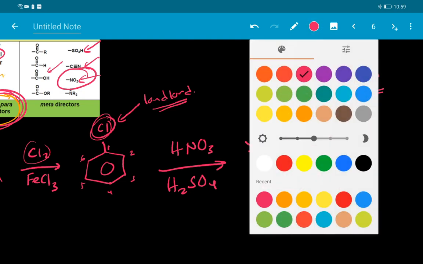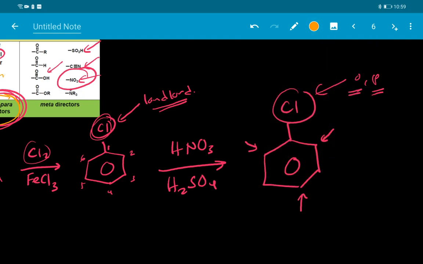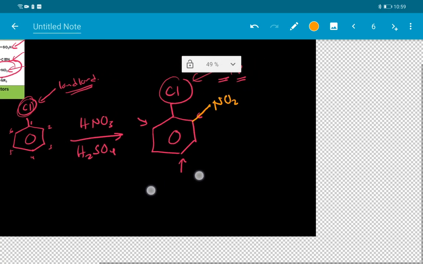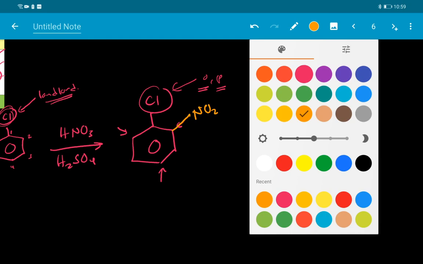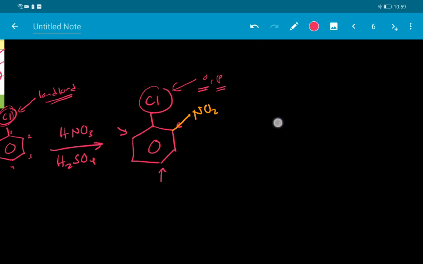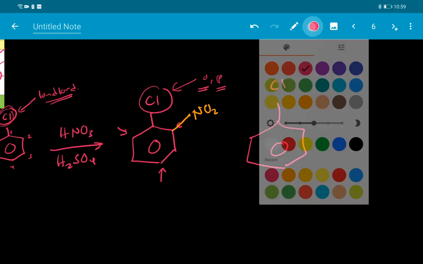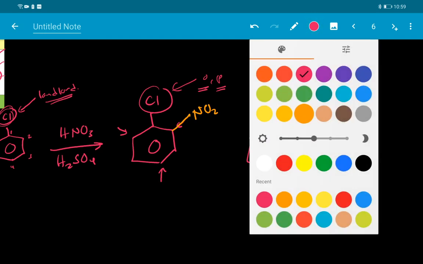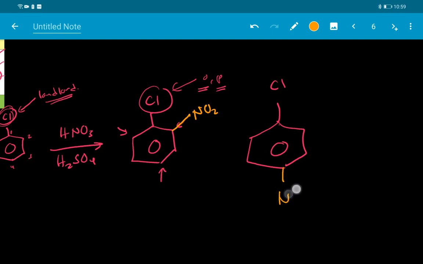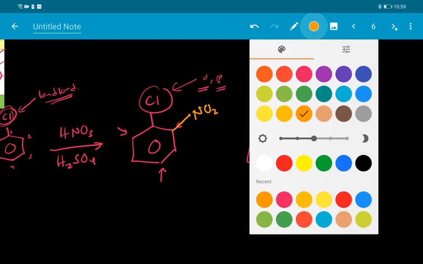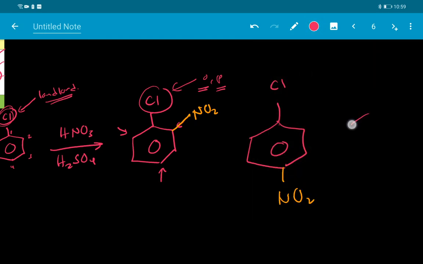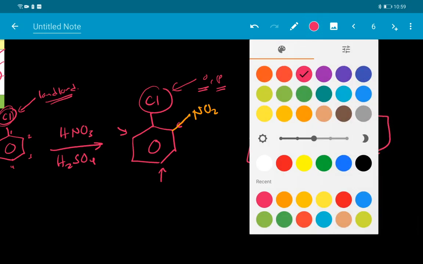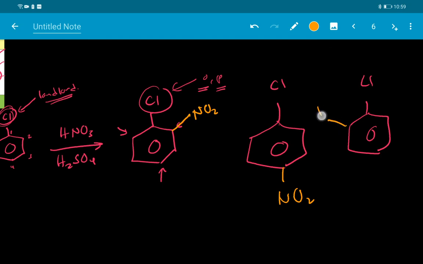So what we're going to get next is, it will be looking like this. This will be NO2, or the other option, we have the benzene, we have the Cl, NO2 will be positioned at carbon number 4, or it can also be positioned at carbon number 6.